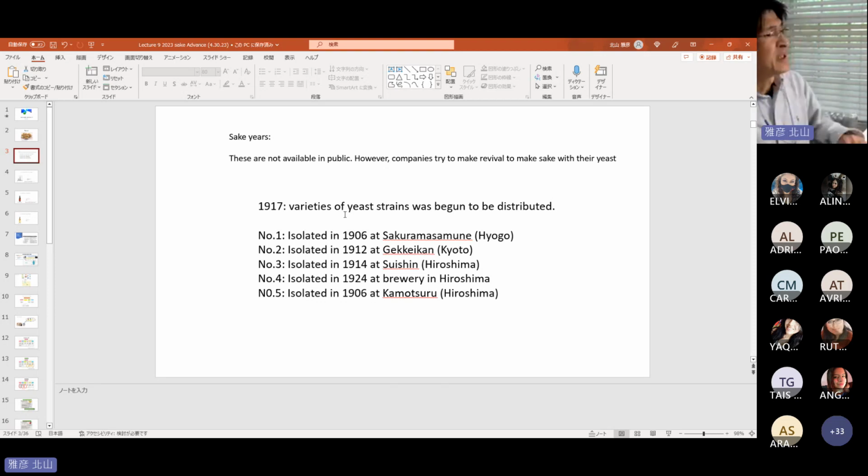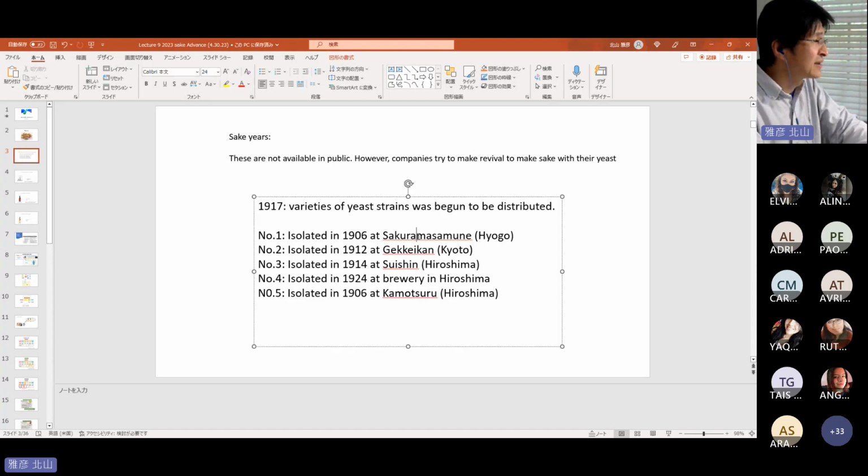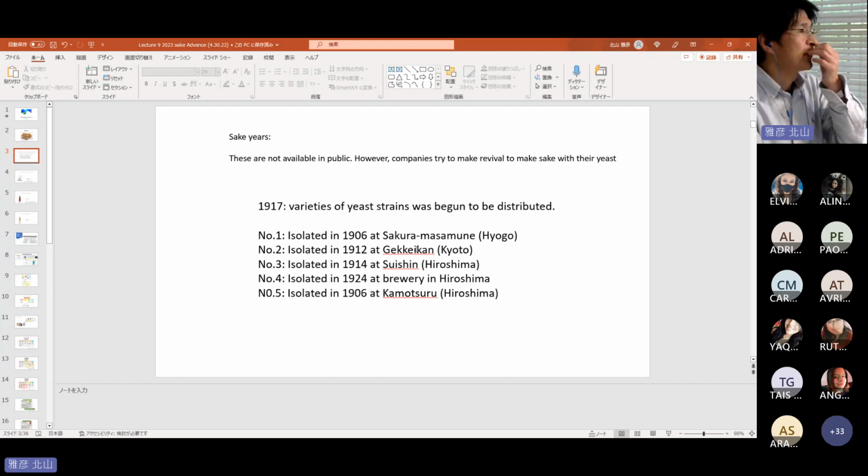The Japanese government began to make a contest for newly made sake since this time. Some sake produced by this brewery is called Sakura Masamune. Sakura means cherry blossom. They made a great sake.